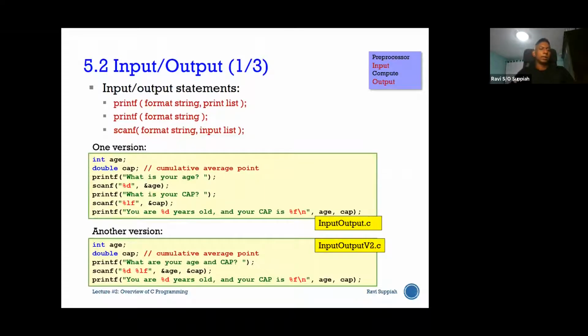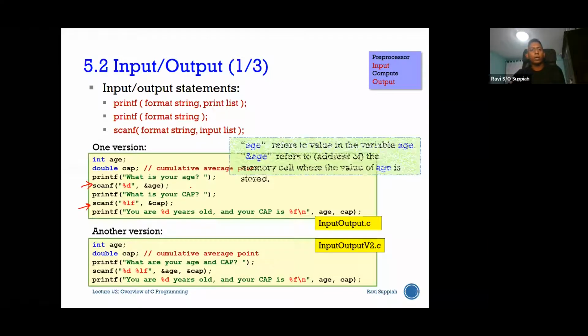Input and output: input is basically to capture some input from the user through a scanf. So when you use scanf, you are saying that you want to capture some input from the user, and definitely when you want to capture input, you need to prompt the user. So you need to ask the user something or tell the user, give me this particular information.